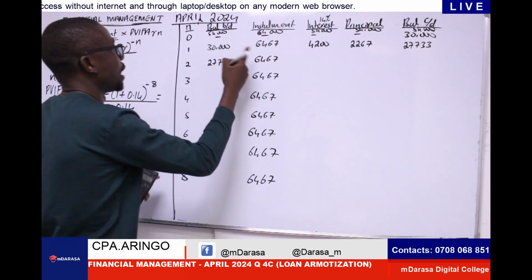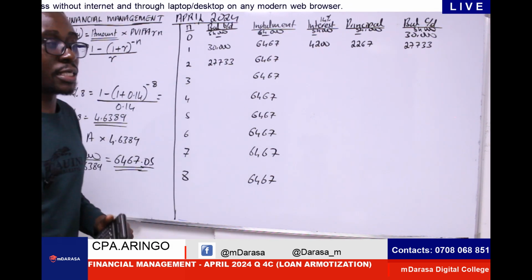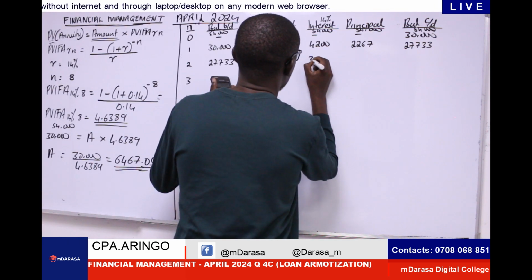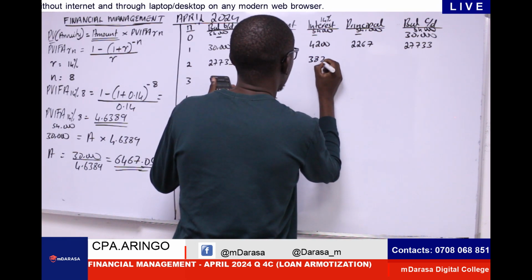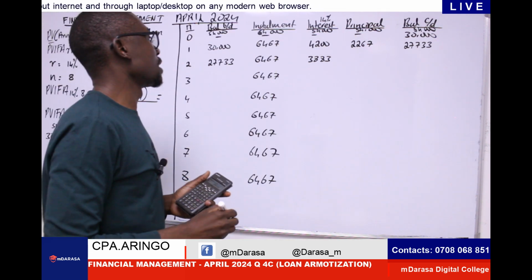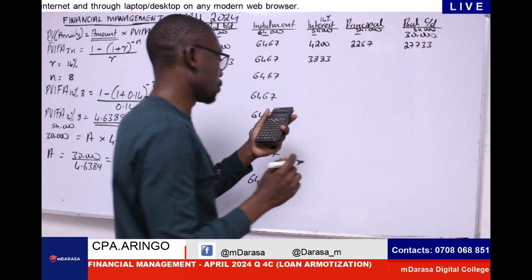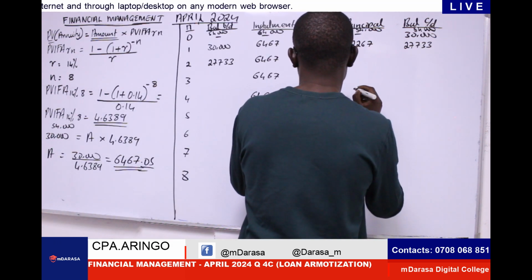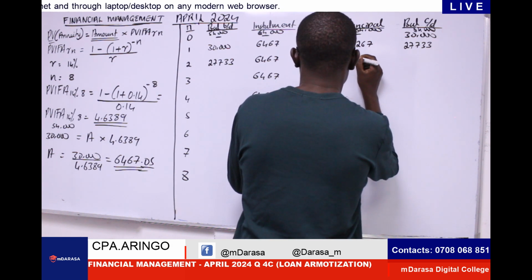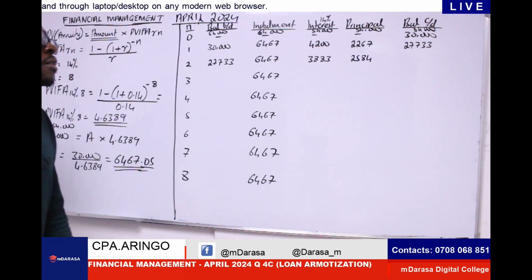So that as at the end of the day, if I come in year 2, I'll be having 27,733. Now in year 2, my interest will be based on this principal value that I'm having. So times 0.14, this will give us 3883. So my principal therefore will be 6467 minus 3883, to give us, of course, 2584.